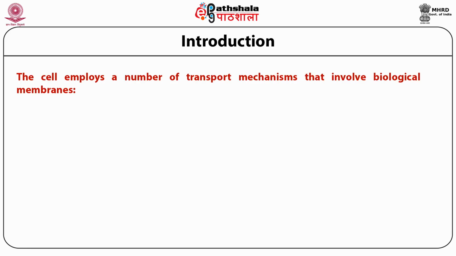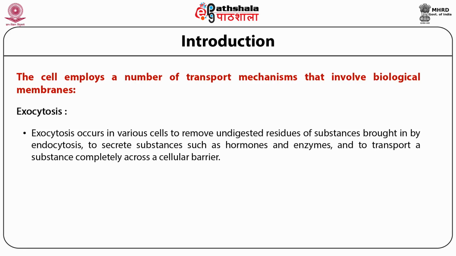The last mechanism is exocytosis. Exocytosis occurs in various cells to remove undigested residue of substrates brought in by endocytosis, or to secrete substrates such as hormones and enzymes from inside of the cell to outside.